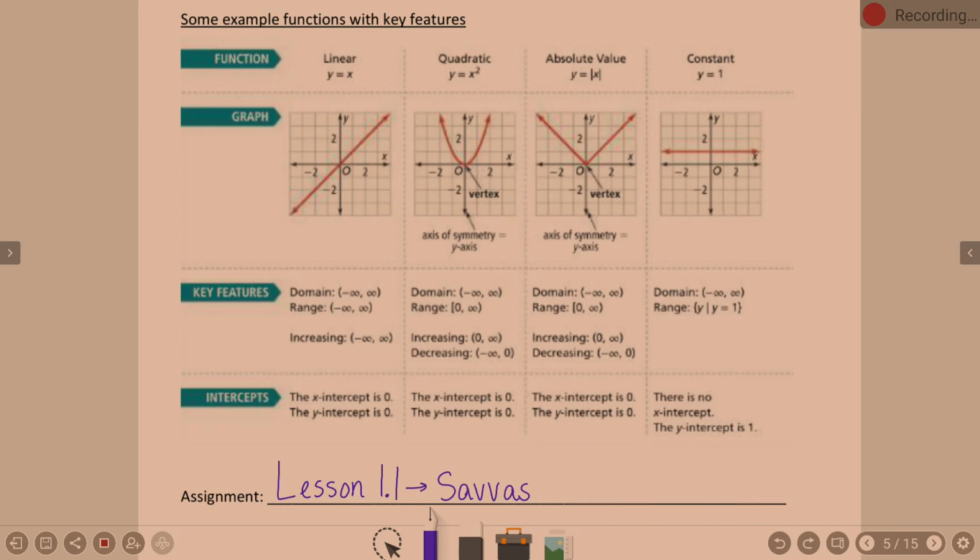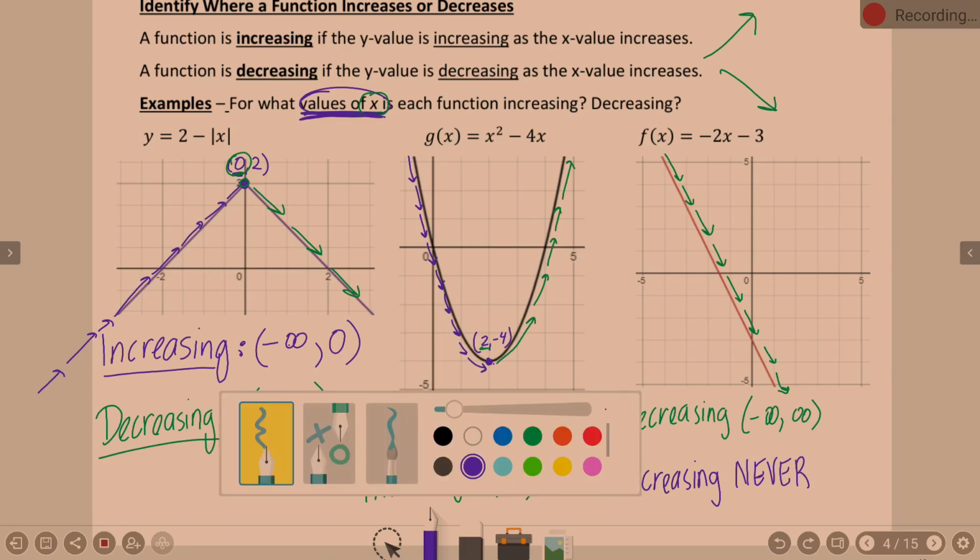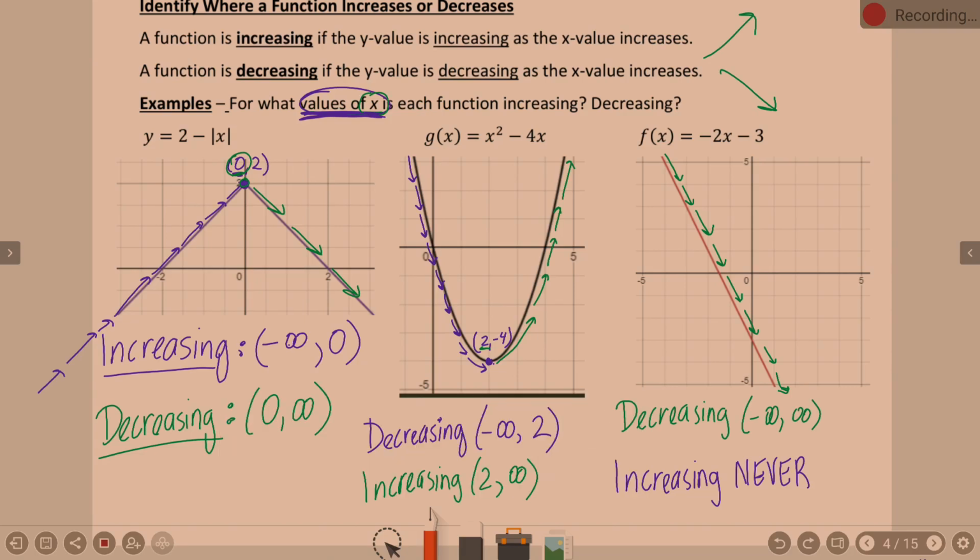Okay. Let me bounce back here real quick. One last, I don't want to say random throw in, but some of your Savas problems have multiple pieces. And one of the pieces, so I just want to throw an example here.